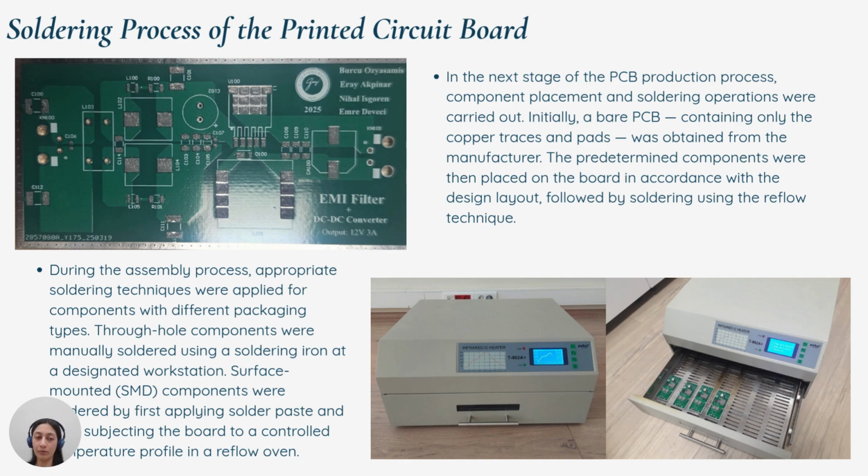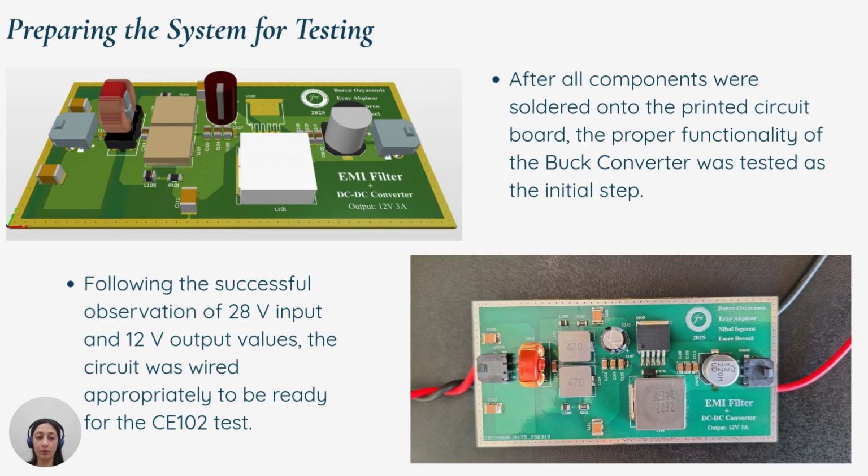Then through-hole components were mounted using manual soldering techniques. After assembly, a 28-volt input was applied, and we successfully observed 12 volts output, confirming that the buck converter was operating correctly. Finally, the circuit was wired and prepared for CE102 testing, marking the transition to the measurement phase.